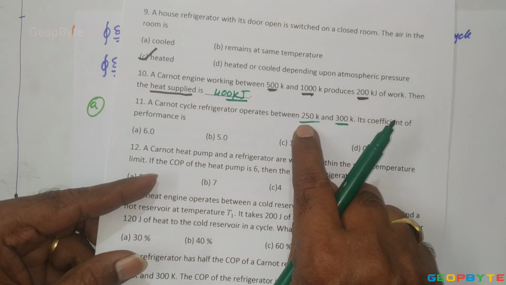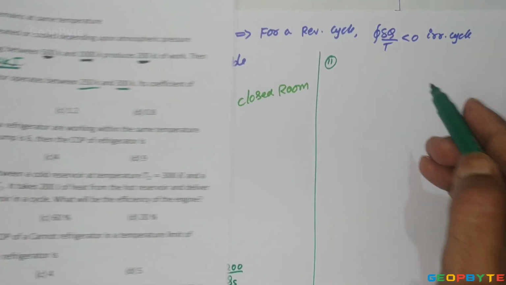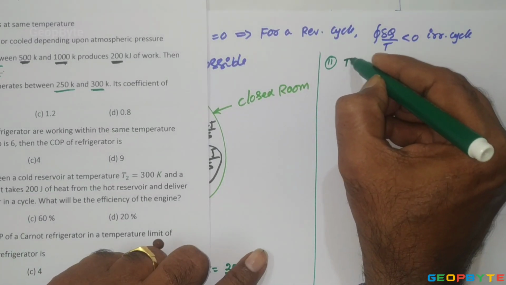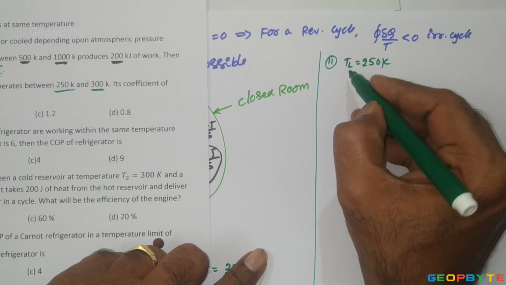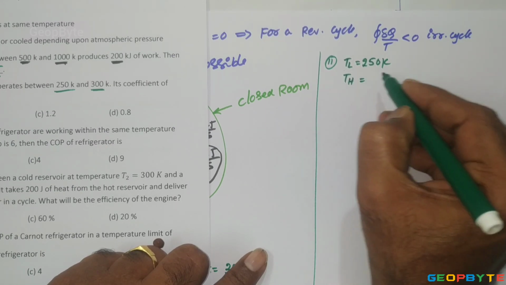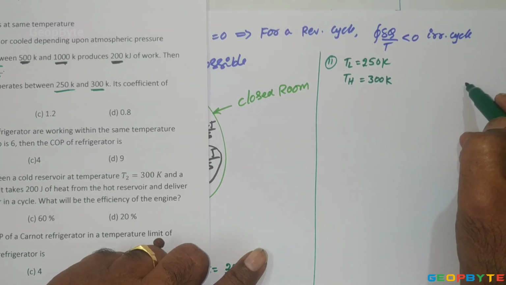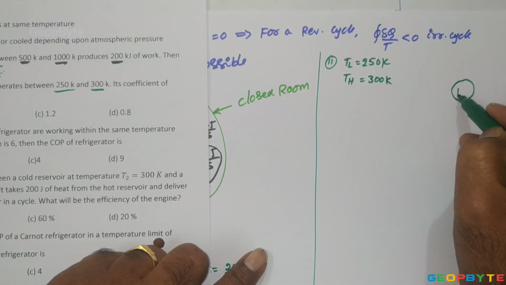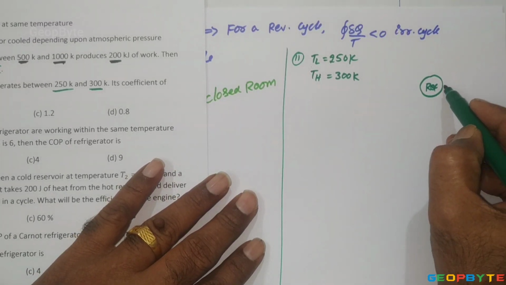The lowest temperature is 250 Kelvin, the highest temperature is 300 Kelvin. The refrigerator is like this. It is a power demanding device.